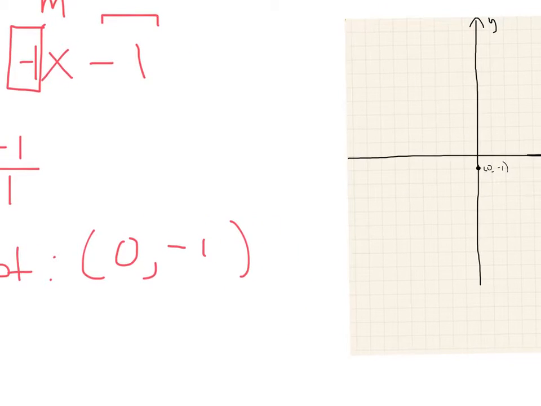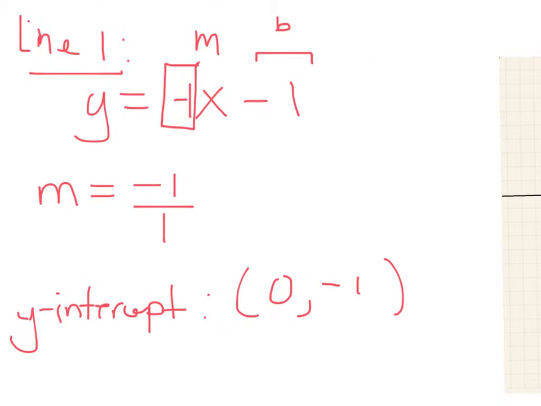So now where do we go from there? Well, our slope is negative 1. This is rise over run. Rise is up or down, so I'm going to leave the negative in the numerator. You could put it in the denominator if you want.